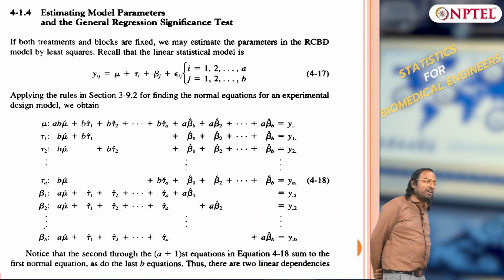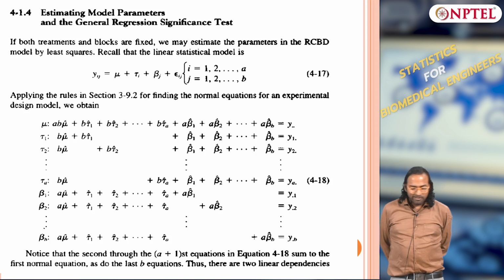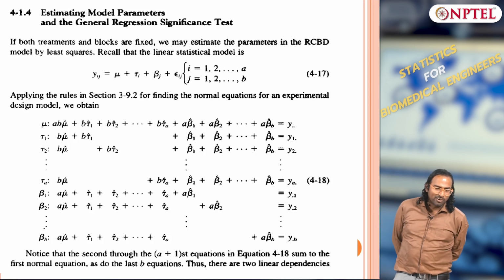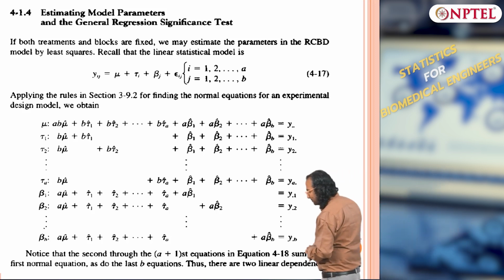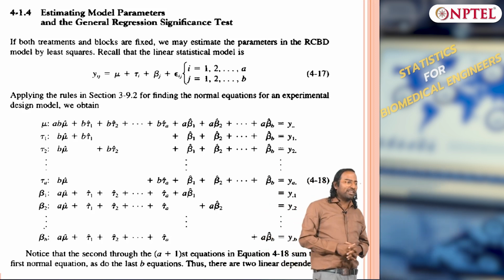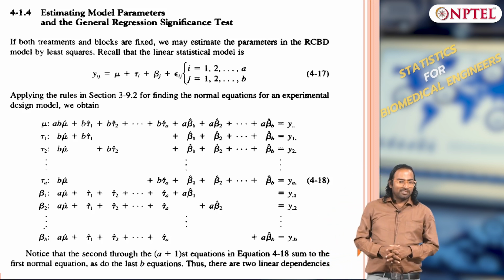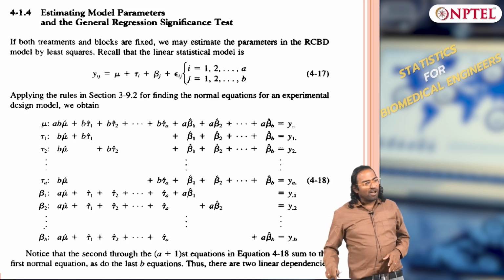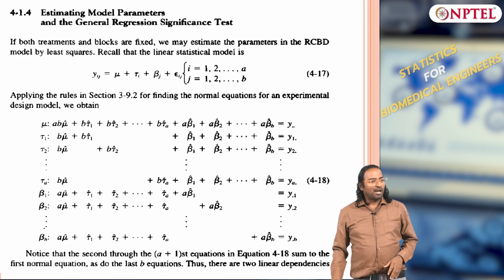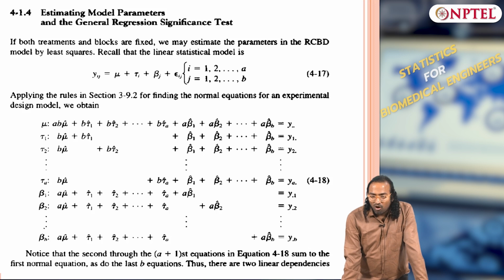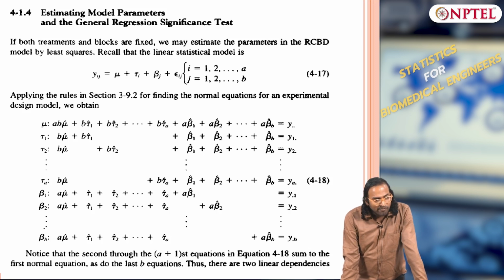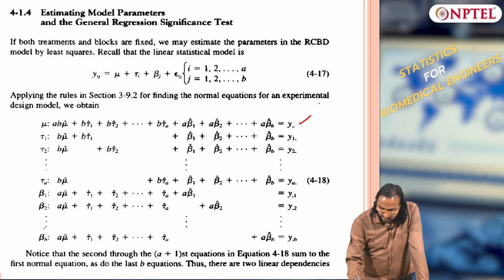And what is rule number 2 in regression? I do not want to differentiate and do all of this. You could differentiate and do the normal equations, we call them normal because they are orthogonal equations, the shortest distance is what you find, which is normal. How do I write the right hand side of the normal equations? The right hand side is the summation of the data points where the parameters appear. Mu appears in all the data points, so the summation of all the data points is y dot dot.